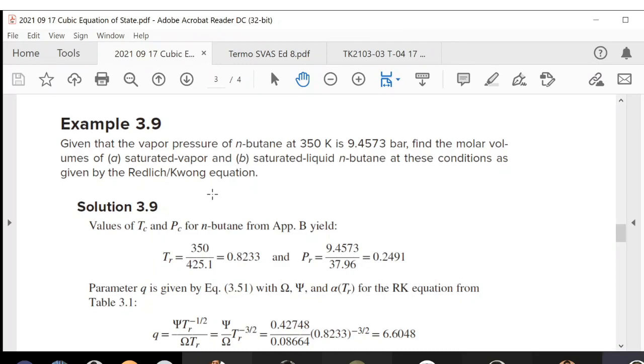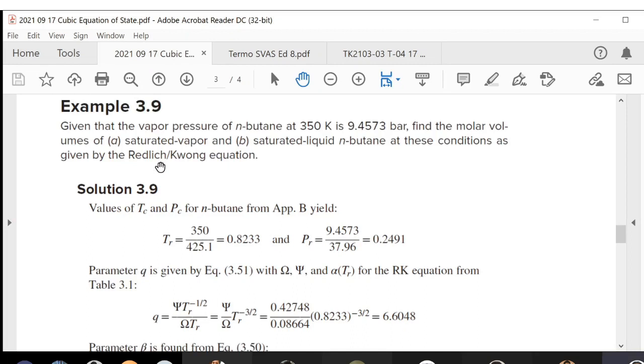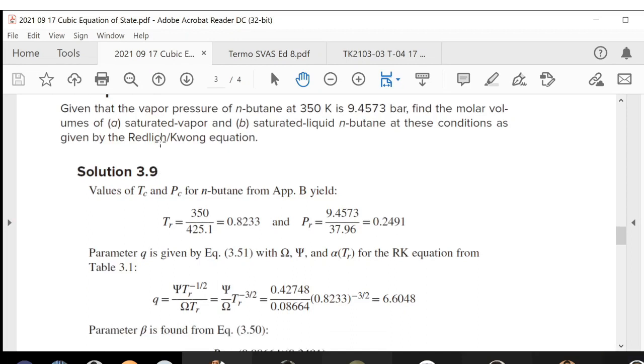Now, in order to calculate, we need to get the TR and PR. Remember what TR is? TR is the temperature divided by the critical temperature. What is the temperature? It is 350. How to find the critical temperature?